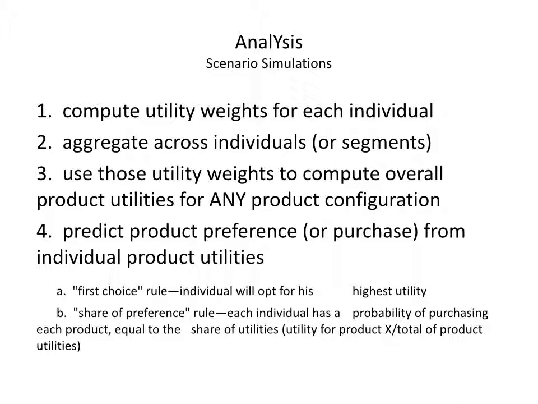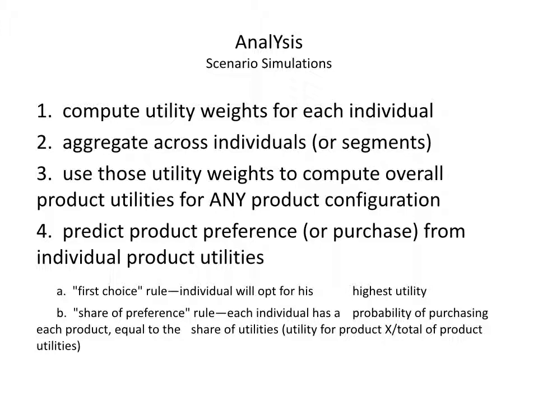So if a firm were introducing a new product into a marketplace that was dominated by 3 existing products, then the researcher could estimate the utility of all the attribute levels involved and use that to come up with an overall product utility for the 3 existing products and for the new proposed product, and could from those estimates come up with a projected market share for the new product.